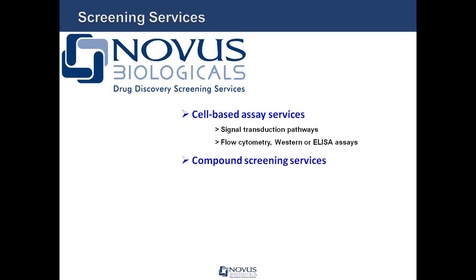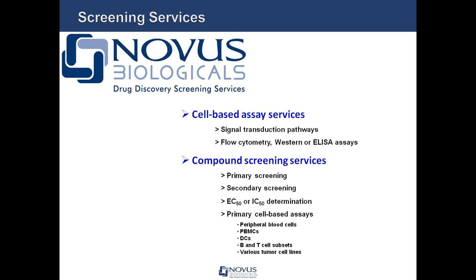We also provide reporter cell-based compound screening services: primary screening, secondary screening, and EC50 or IC50 determination. We also have primary cell-based assays utilizing human PBMCs, dendritic cells, and B cell and T cell subsets. We can also provide Th1, Th2, and Th17 proliferation assays, and we have various tumor cell line-based assays.